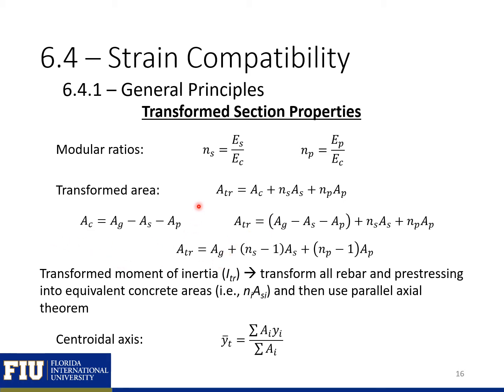After we have the transformed area, the next thing that we would need to do is calculate the transformed centroid of our section. And we can do that using this equation here, where we're just going to sum up all of our area components times the distance from, in this case, the top to the centroid of that area, divided by the summation of all of our areas.